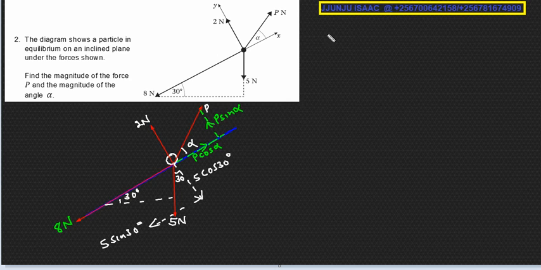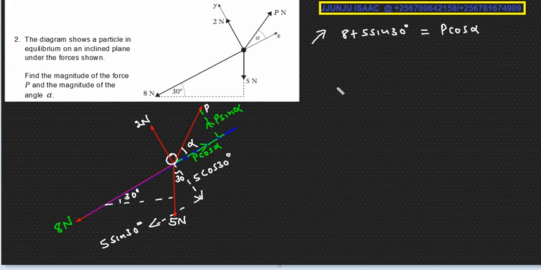Along the plane we have 8 plus 5 sin 30 equal to the only force which is making this particle move up the plane, P cos alpha.